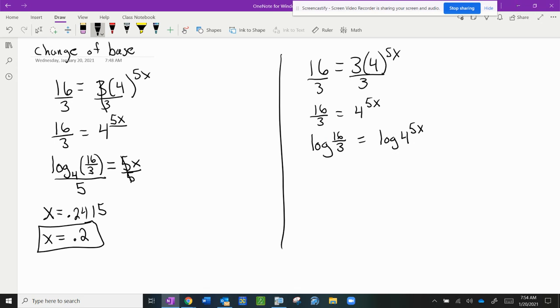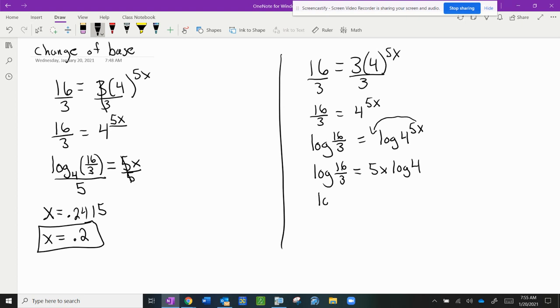This property allows me to use log base 10, which is a quick button on my calculator, and I can bring this power down. Now that this log base 10 is in front of this exponential, I can bring the 5x down, and that takes care of my variable being a power. Now I can go ahead and solve this.